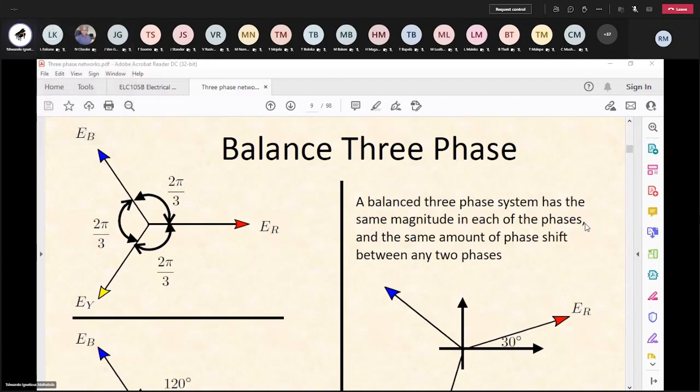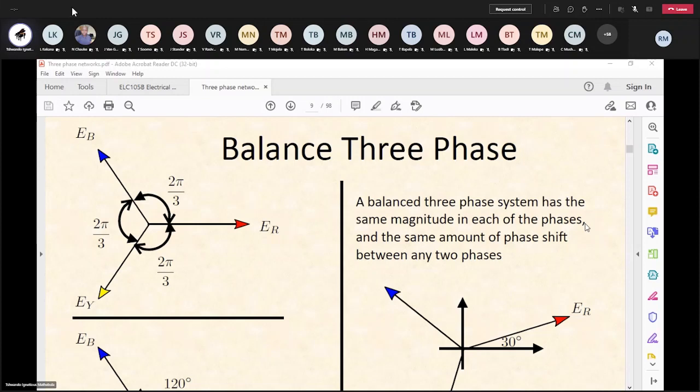Or alternatively, you can connect them in delta. You can connect it like this, such that plus minus, plus minus, plus minus. So you have your sources connected this way.